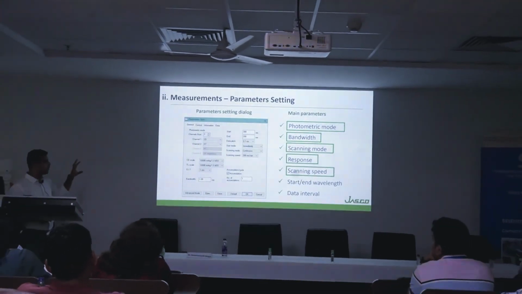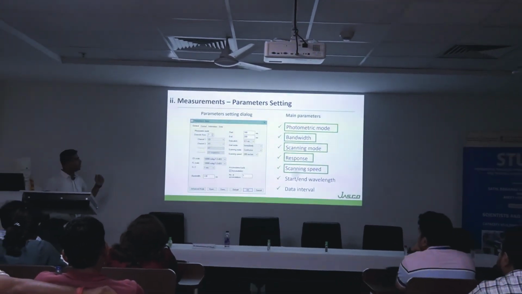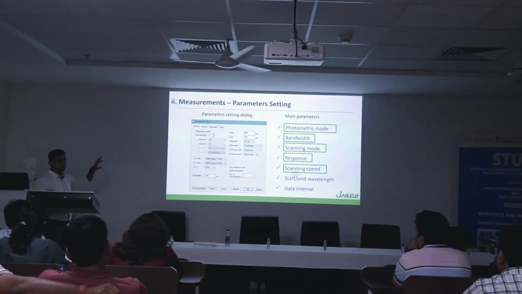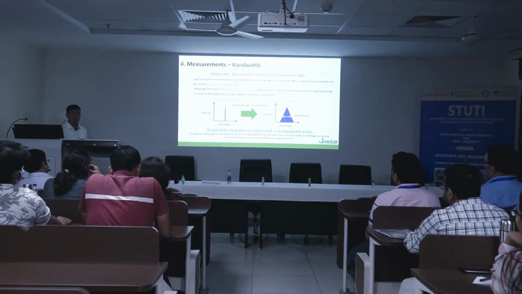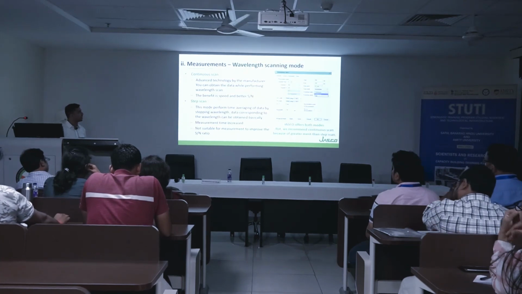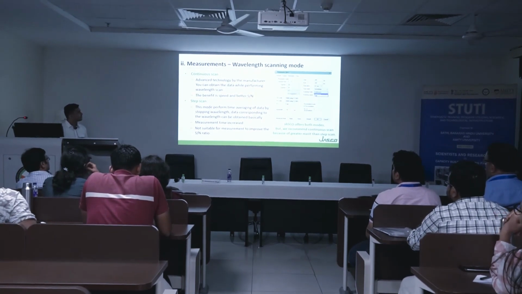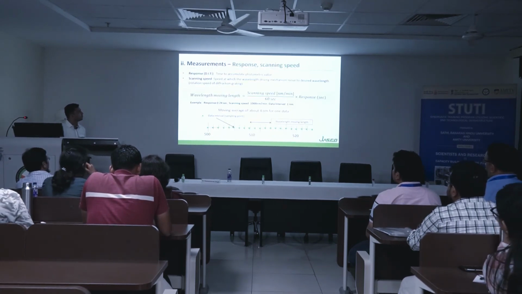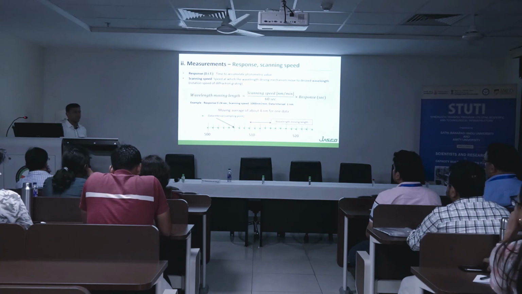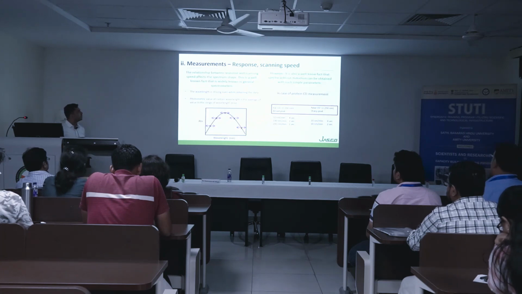I will give just a brief overview, since we will go into the parameters in the hands-on. Like I said, there are two modes: continuous scan and step scan. This is the DIT, how the data is integrated over time, and how it moves every 1 nanometer. This is the response and scanning speed.